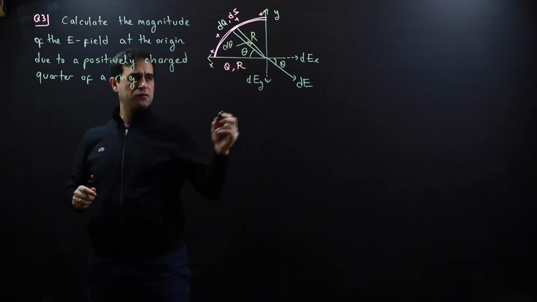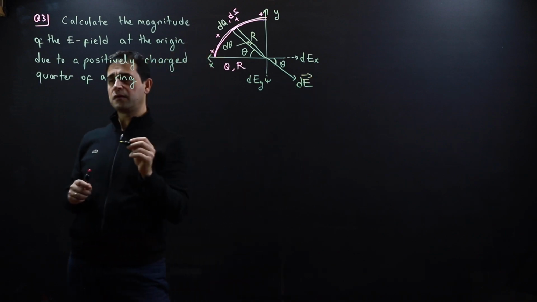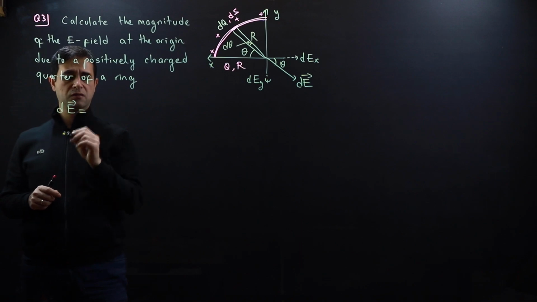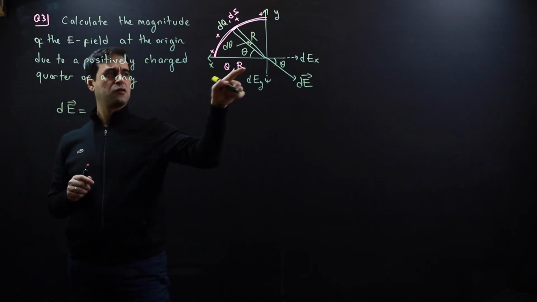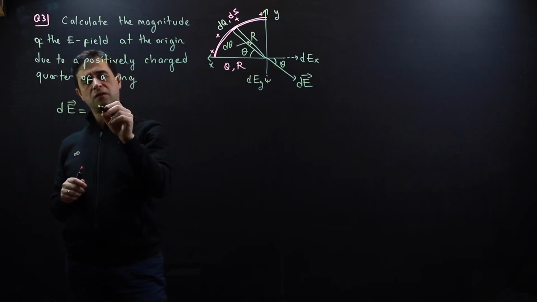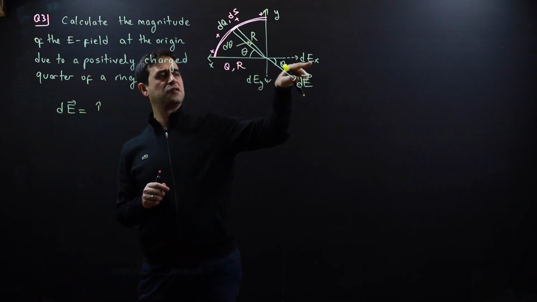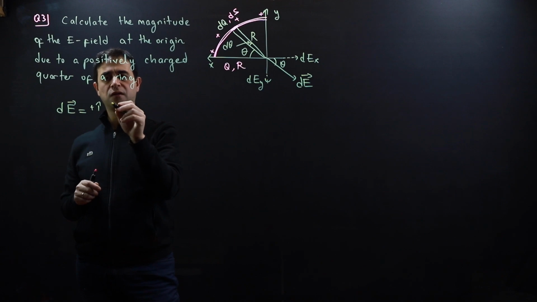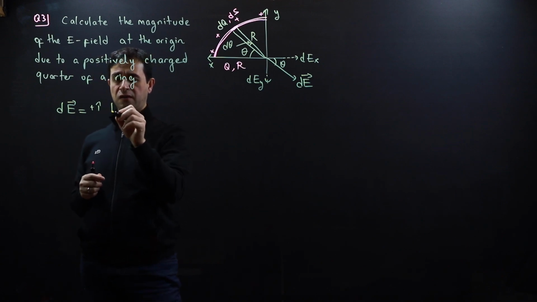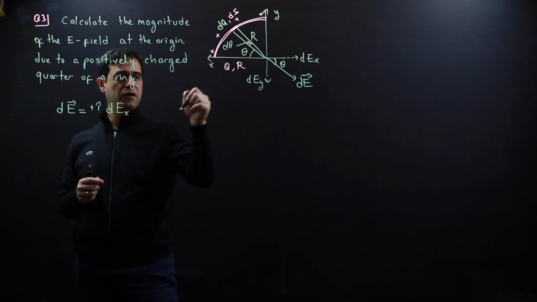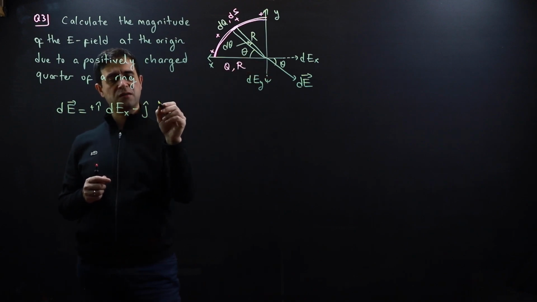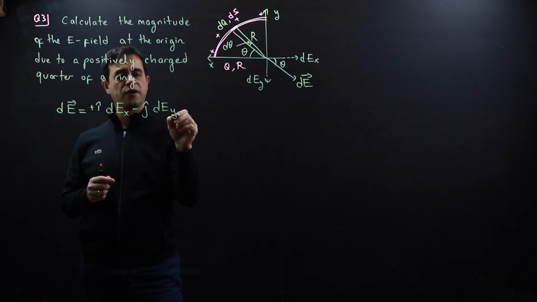Okay, so let's write it down. So this is a vector, obviously. And let me write down dE first in vectorial notation. So one component is dEx, so that's pointing right, and that's why it's plus i hat dEx. And the other one is pointing downwards, and that's why I'm writing minus j hat dEy, right?